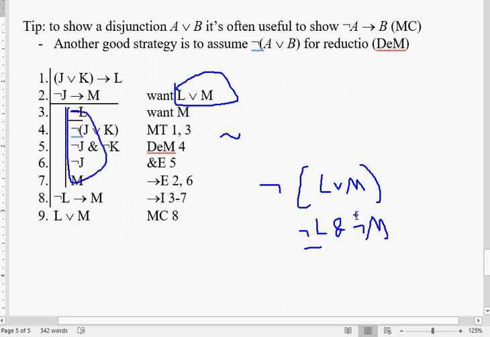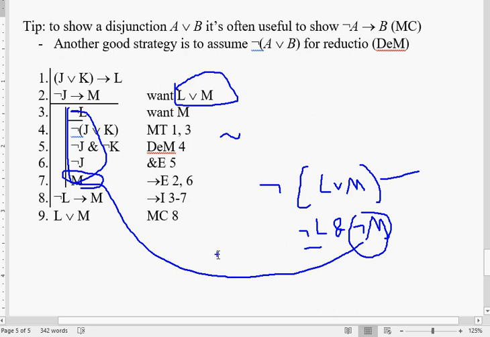And then with not M, again, when you make an assumption for reductio, we could have had the M and not M contradiction there. So the proof is pretty straightforward, doing it by reductio, assuming the opposite, negation parenthesis L or M, if you wanted to do it that way.